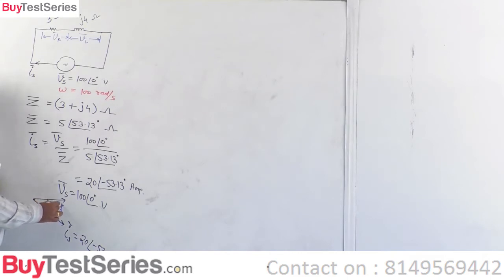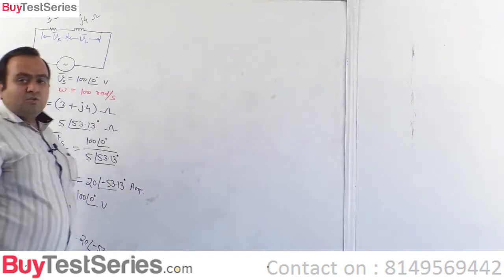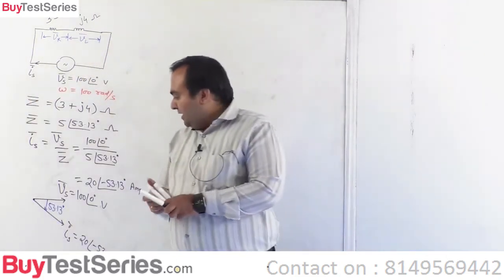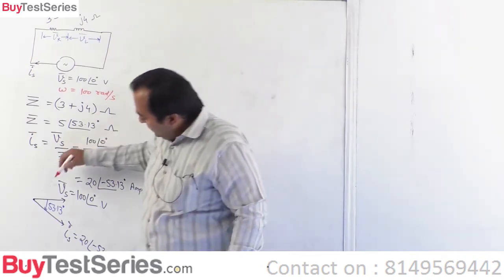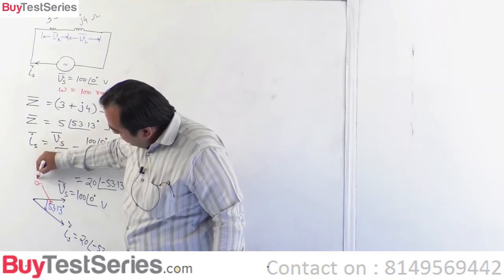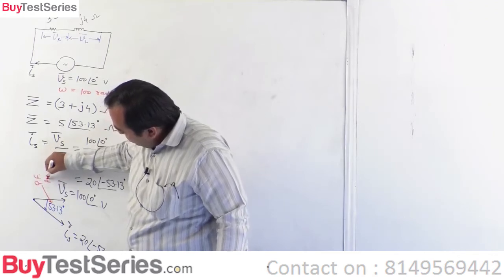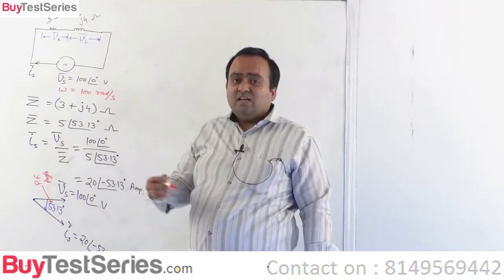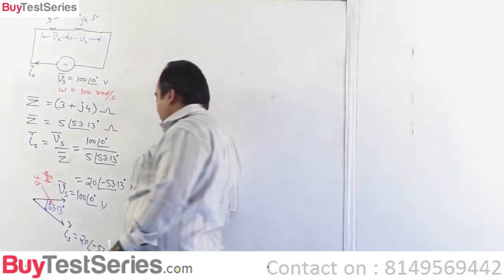So 53.13 is the magnitude of this angle, and since the current is lagging the voltage, we take this as a minus sign. So this is generally what we call the power factor angle, and cosine of this angle is what you call the power factor.